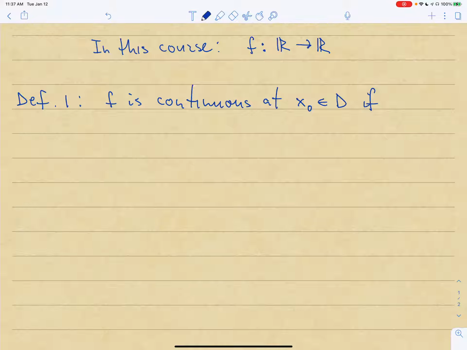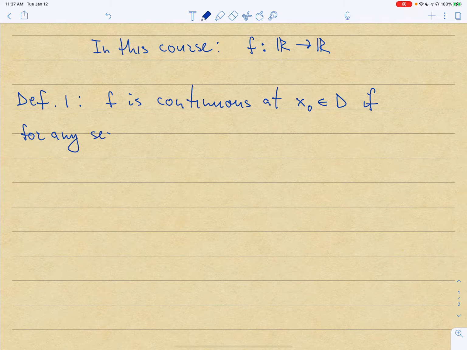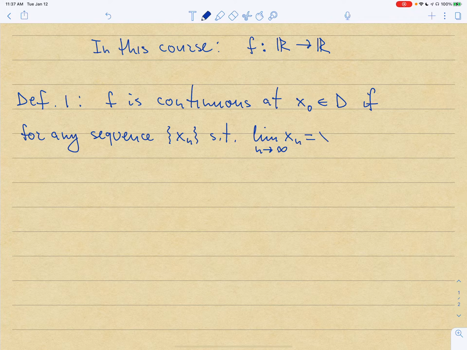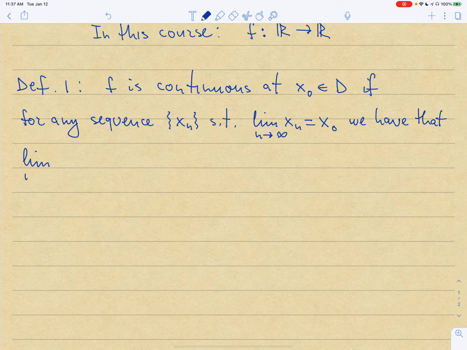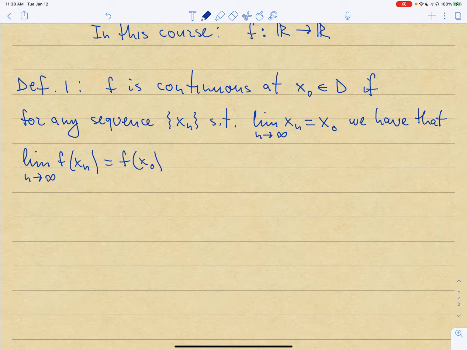It is continuous at x0 if for any sequence xn such that the limit as n goes to infinity of xn is equal to x0, we have that the limit as n goes to infinity of f of xn is equal to f of x0.